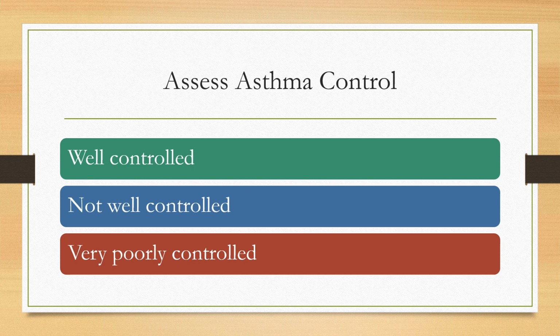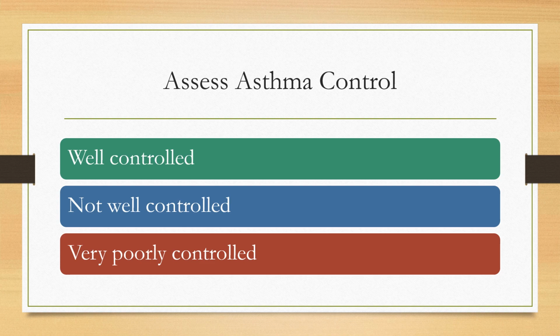And the course of prednisone is greater than 2 times a year. So the bottom line is, based upon your symptoms, you're going to be categorized in your asthma control. And what we want you to be is well controlled. We don't want you to flare up and go into not well controlled, and certainly don't want you to be very poorly controlled. So we want you to stay in the category of well controlled, like I mentioned before.